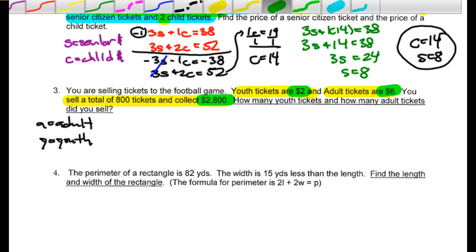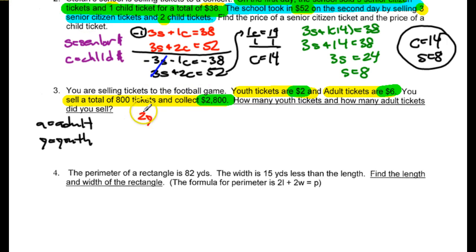I'm going to make one equation all about the money. Youth is 2, so that's 2Y. It's $2 times how many, I don't know. Plus 6 adults. $6 times how many adults, I don't know. And that equals $2,800. So I did the $2, the $6, $2,800 all together. Money, money, money. That's how to make it easy.